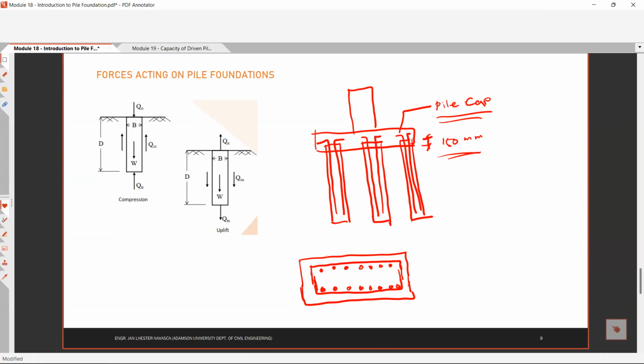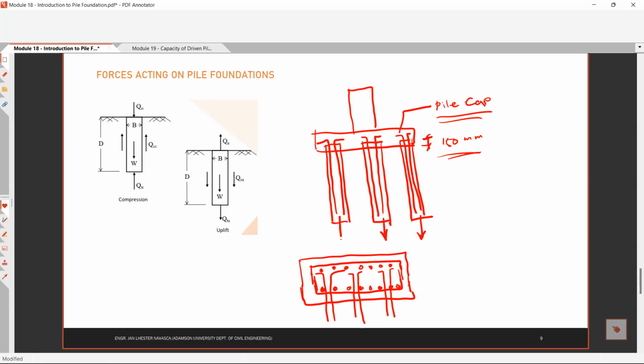Okay. Then, meron kang rebar na in yung piles. Yan. Okay, yan. So, imagine, napakarami yung reinforcement dito. Okay, so, the forces acting on the pile foundations, pwedeng mangyari, ito puro compression.